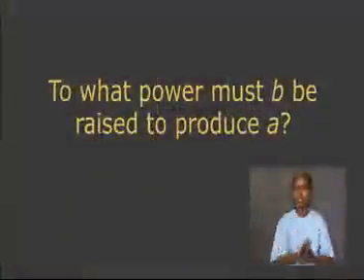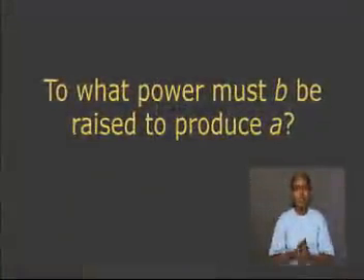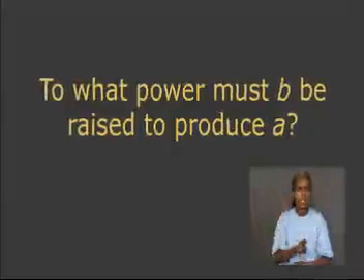Every logarithmic statement can be translated into an exponential statement and vice versa. Essentially, the logarithm of a to base b is the answer to the question, to what power must b be raised to produce a?